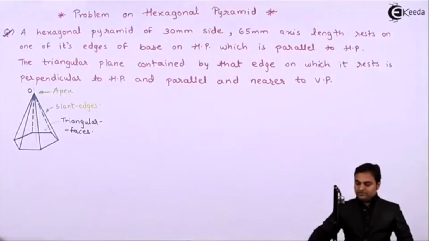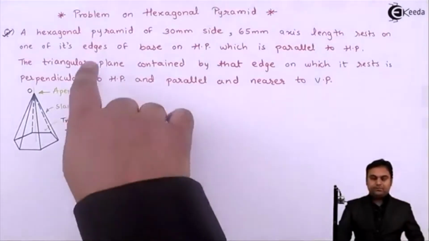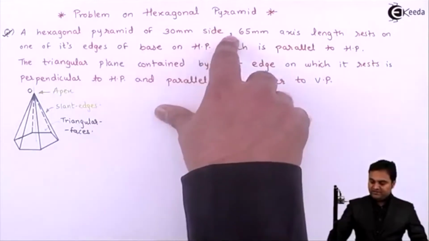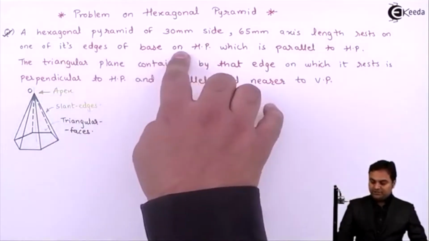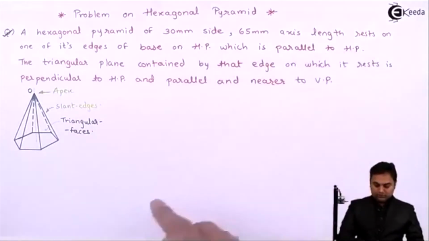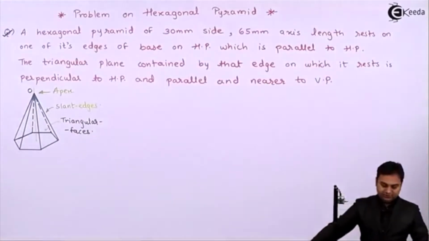Now, since in the question it is mentioned hexagonal pyramid of 30 mm side, 65 mm axis length rests on one of its edges of base on HP, which is parallel to HP. So for parallel to HP, I'll draw the condition into the problem.